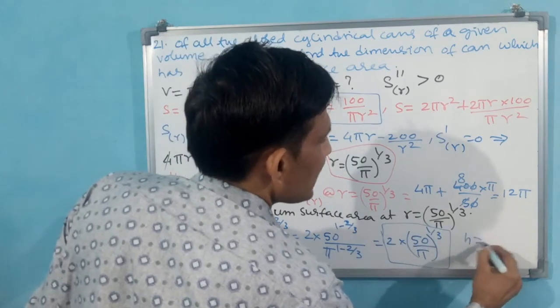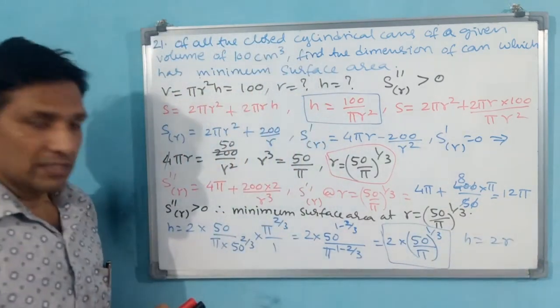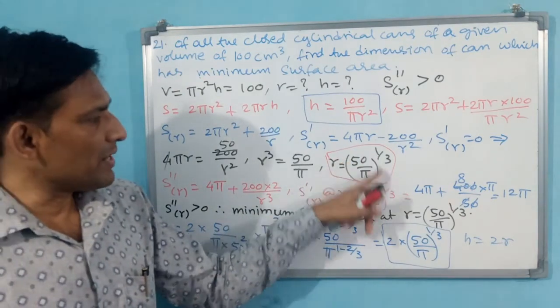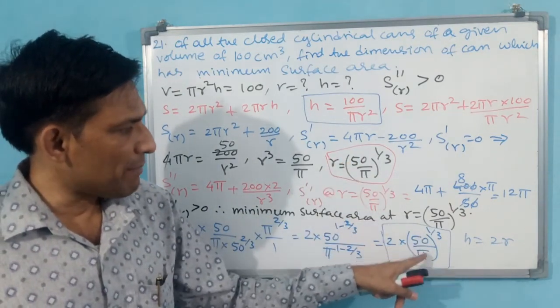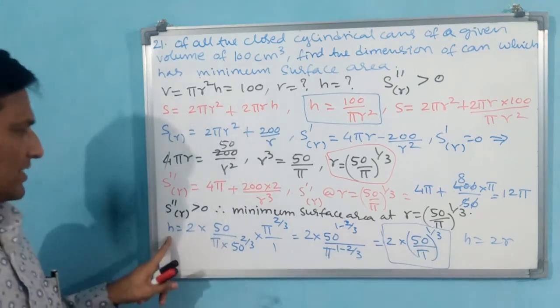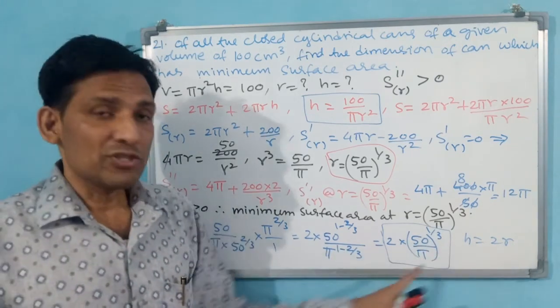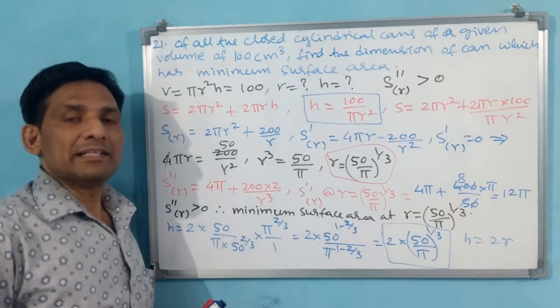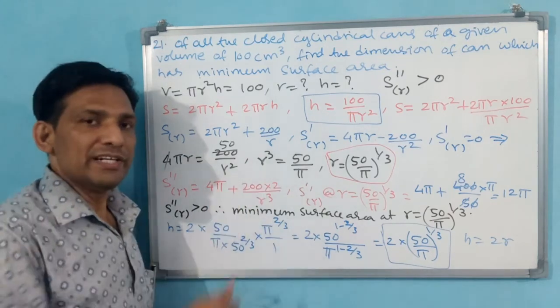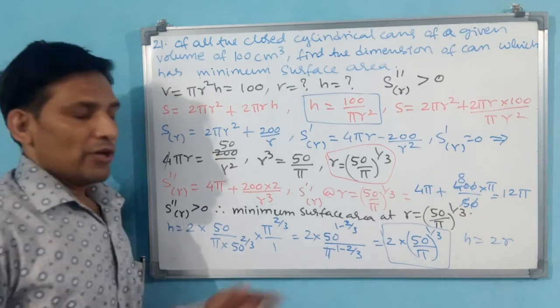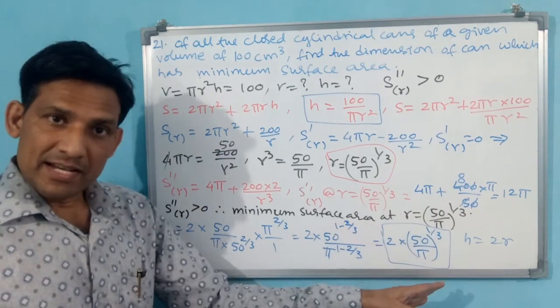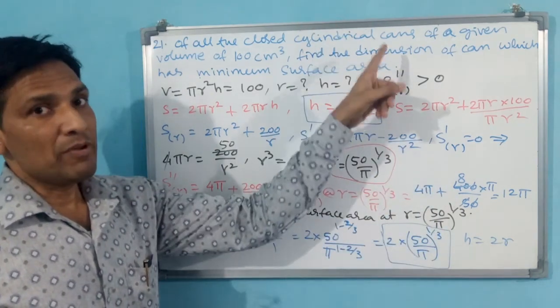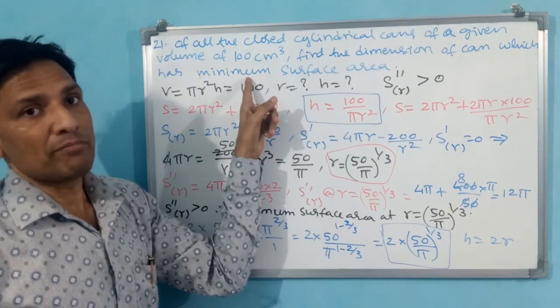But we also can write h is equal to 2r. Why? Because r is (50 by pi) to the power 1 by 3, so 2 into (50 by pi) to the power 1 by 3 is h. That means h is equal to 2r. What you understand by this practically? Practically, for a cylinder, if height is 2 times the radius, volume will be maximum but surface area will be minimum.